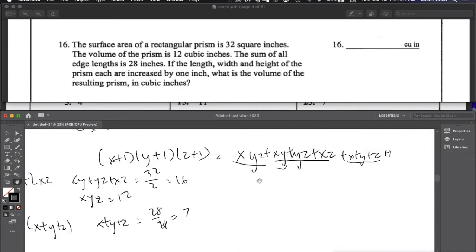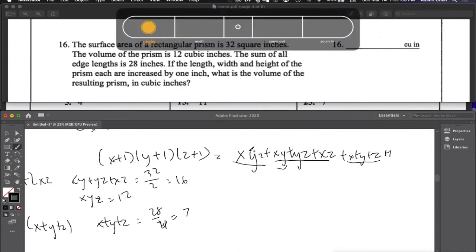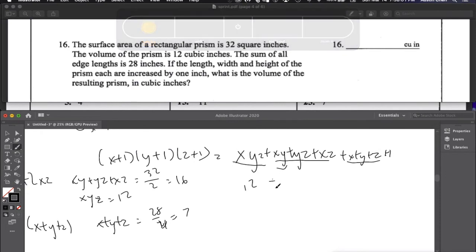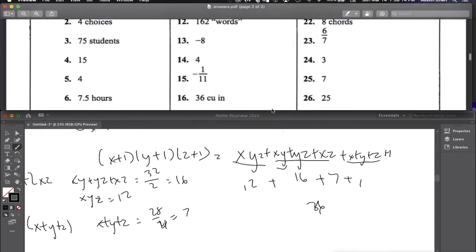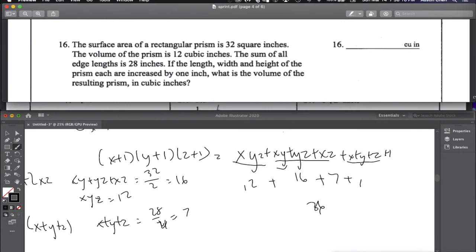So now we add those and then we add 1, and that's our answer. Yeah, 12 plus 16 plus 7 plus 1 is just going to be 36. Yeah, that is our answer.